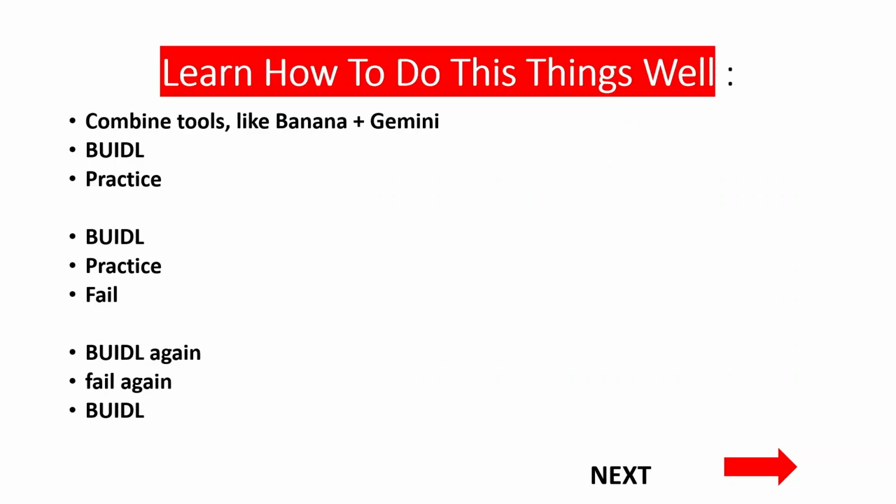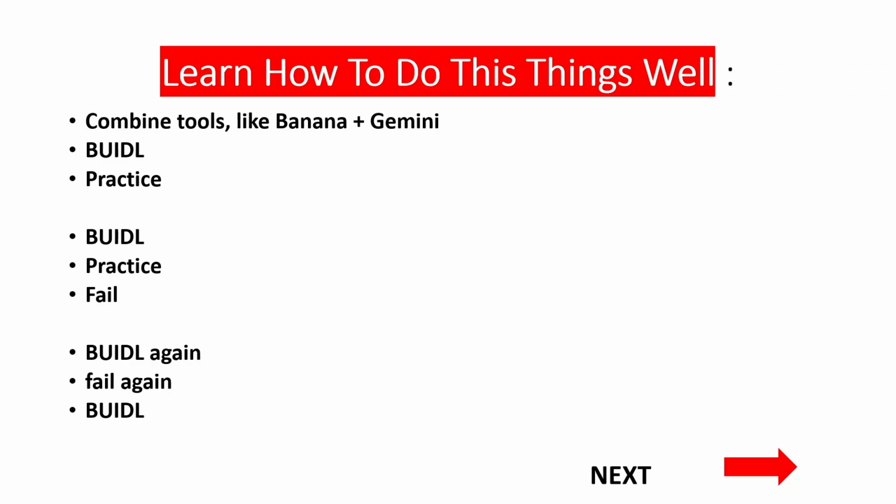And from there, the next thing you need to do is to learn how to do this set of things. You combine your tools like Nano Banana, Gemini, and the other AI tools. When you join them, you build and practice. You can use Gemini as well, along with the framework and the programming language, and use them to build, practice, build again, practice.